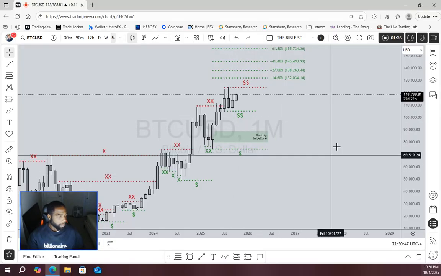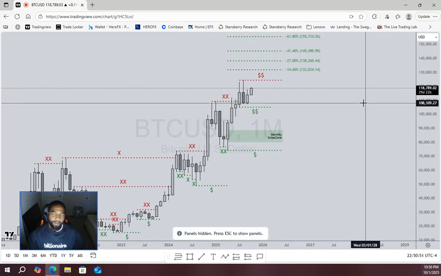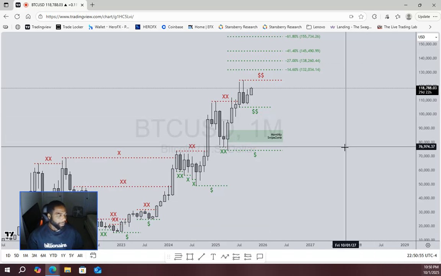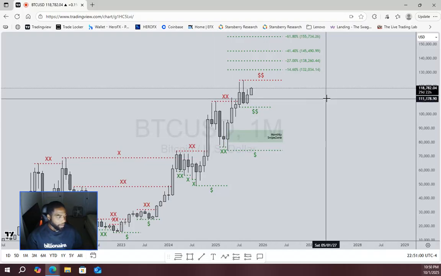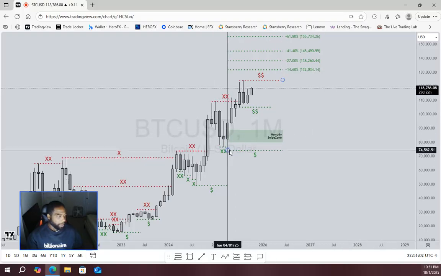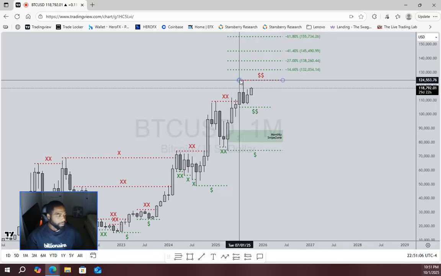So here on the monthly, and then hold up, yeah, we can go full screen now with the recorder. So here on the monthly time frame, current price action, we have this swing to swing here.